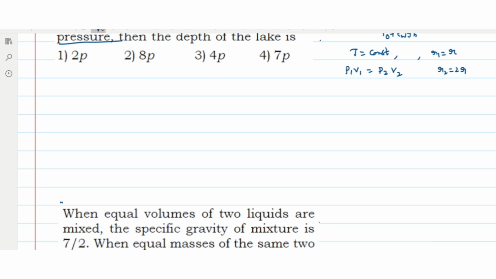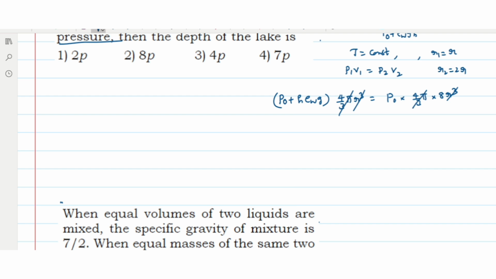The initial pressure at the bottom is P0 plus h into density of the water into g, into the volume of the spherical bubble, 4/3 pi r cube, which equals the pressure at the surface, P0, into the volume at the surface, 4/3 pi into 2r whole cube, which is 8r cube. The r cube cancels, and 4/3 pi cancels.